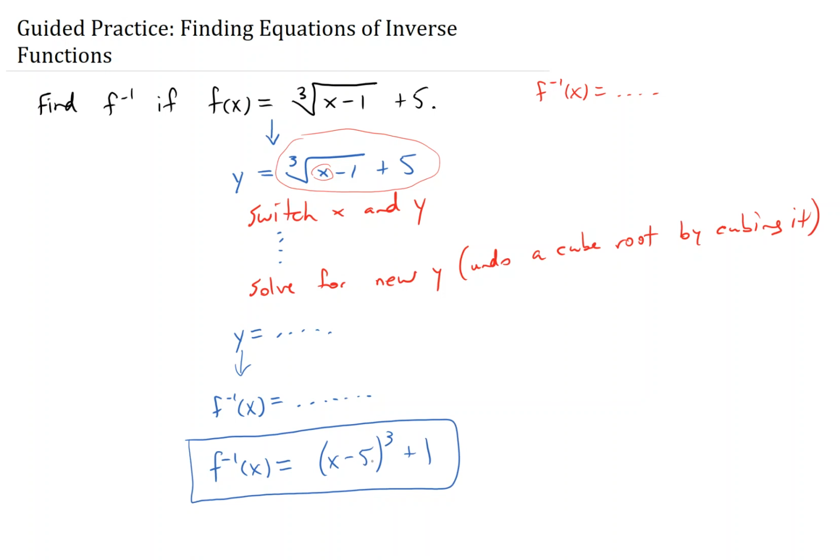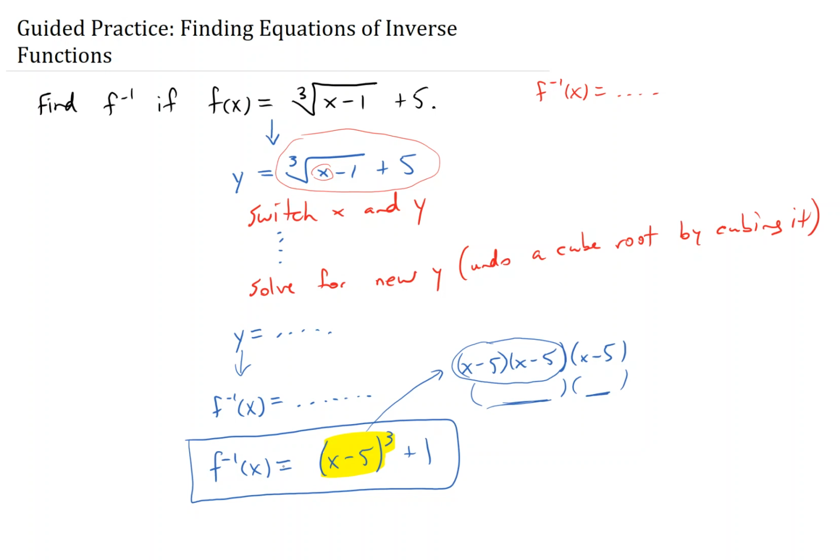If you wanted to expand x minus 5 cubed, you would take x minus 5 times itself 3 times. You would multiply the first two binomials together, get the result, and then multiply that trinomial by the x minus 5 binomial to finish, and then add your 1 to the end. But I like this answer even better.